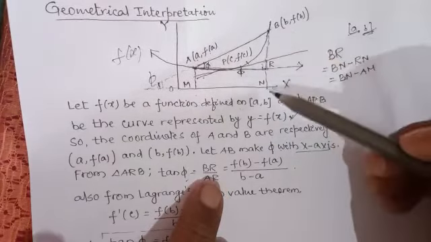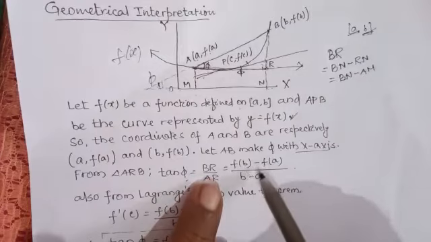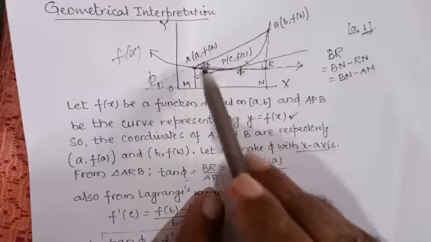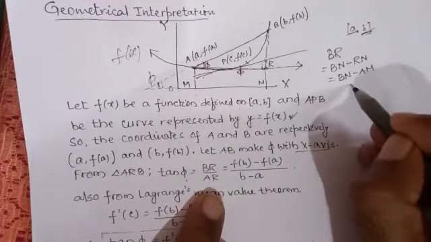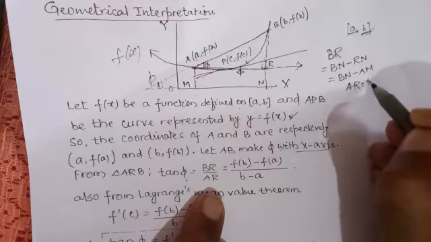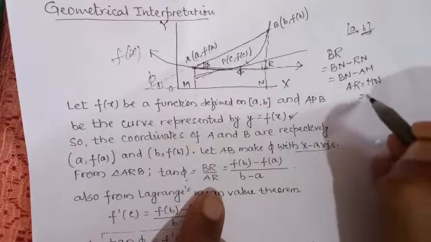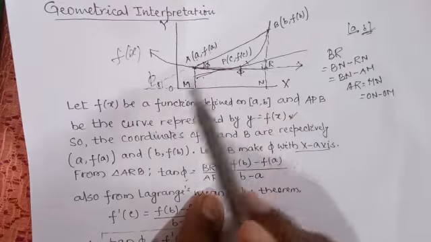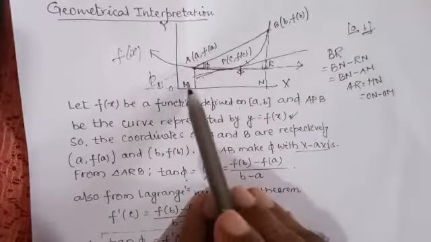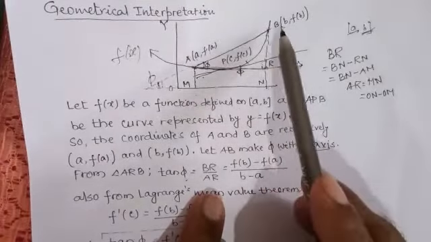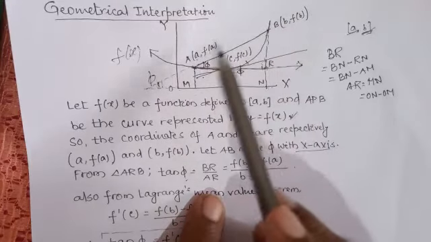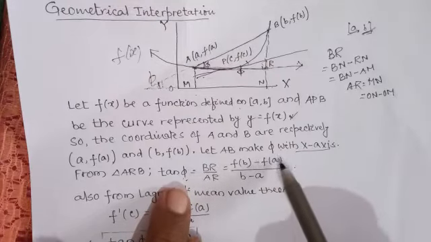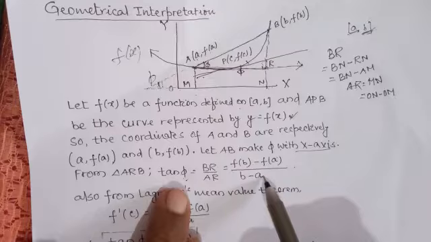So BR is the difference of these two, FB minus FA. And now AR should equal MN, and MN means ON minus OM, which should be calculated by the x coordinate, meaning this should be equal to b minus a. So tan phi is equal to fb minus fa upon b minus a.